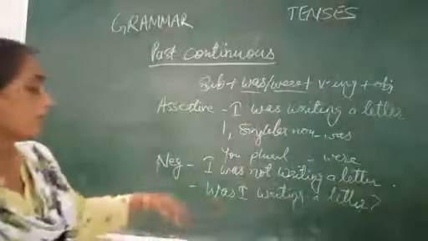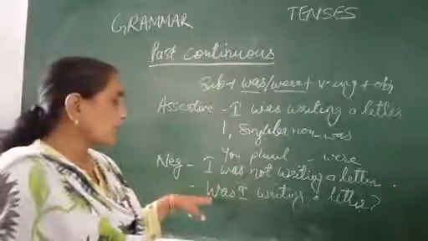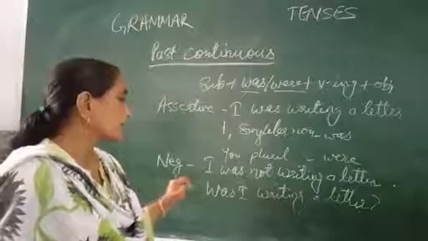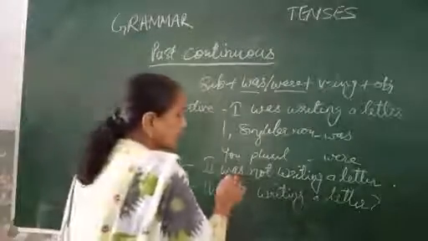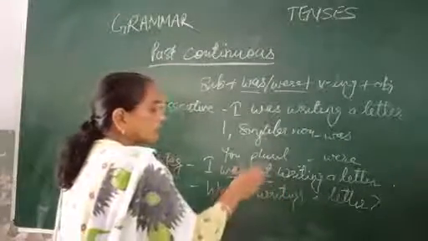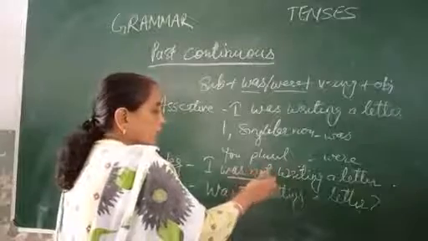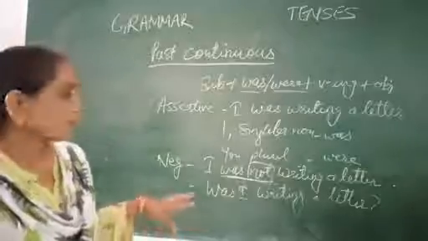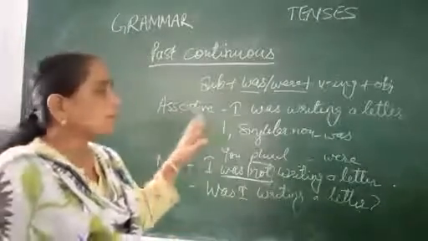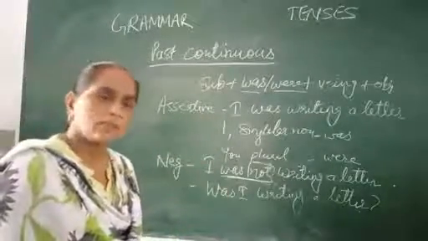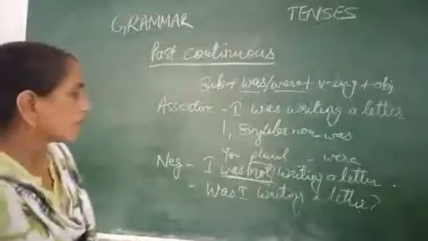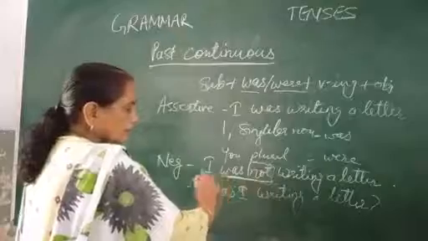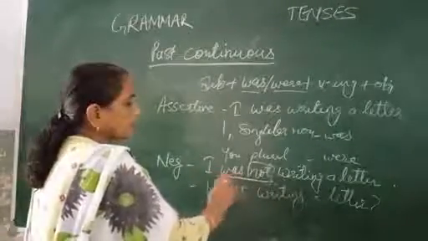Was I writing a letter? Because I have to put this helping verb at the beginning of the sentence in the interrogative sentence. And while making a negative one, I simply have to add not, because helping verb is always there in past continuous, was or were. We just simply have to write not just after the helping verb.